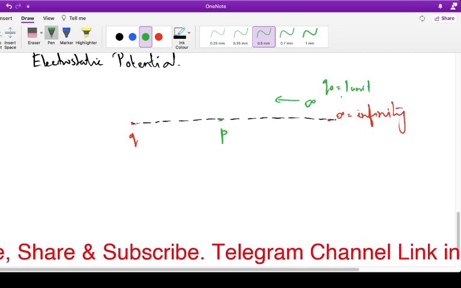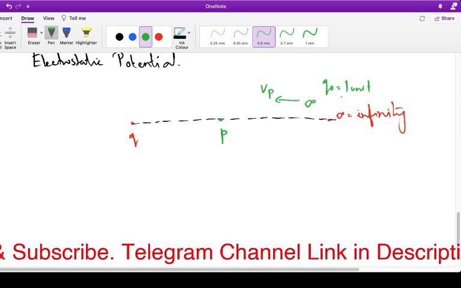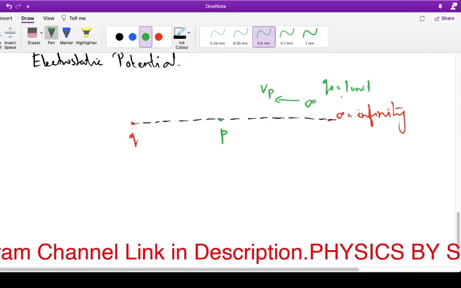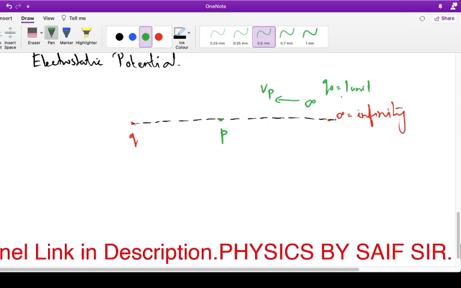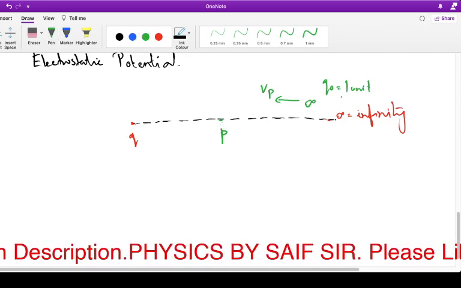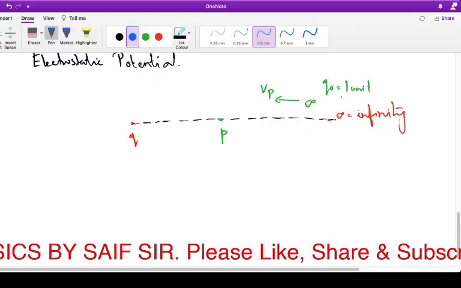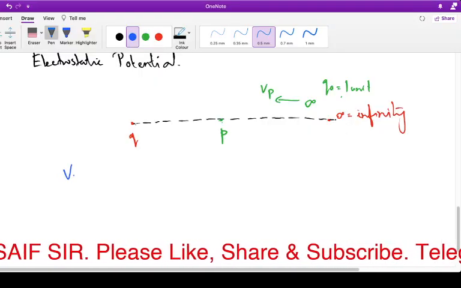So we are bringing the unit charge from infinity to this point, and now we have to find the electrostatic potential at this point P. It can be written as Vp.